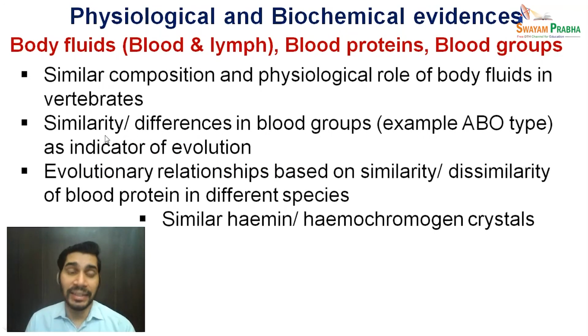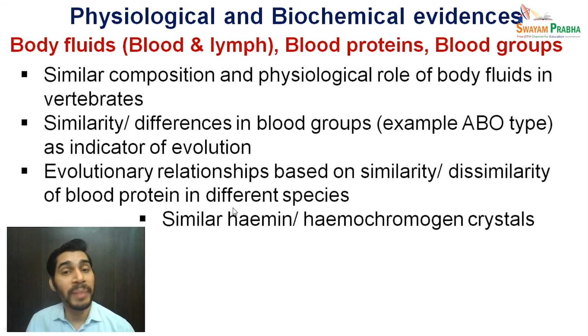The similarity and differences in blood groups, let's say the ABO blood group, is also an indicator of evolution. The evolutionary relationships based on the similarity and dissimilarity of blood proteins in different species can be traced. So based on the proteins found in blood and the blood grouping, we can also trace the evolutionary history of different species or organisms.